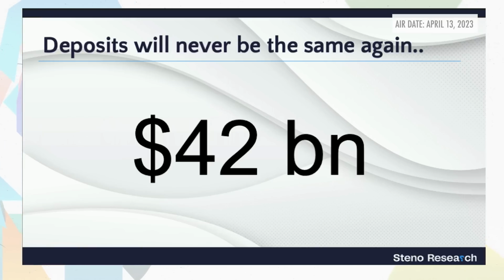It also goes to show that the era of digitization has led to a different world for banks when it comes to the stability of deposits as a funding source. So I don't think we should underestimate the severity of this bank run against Silicon Valley Bank.